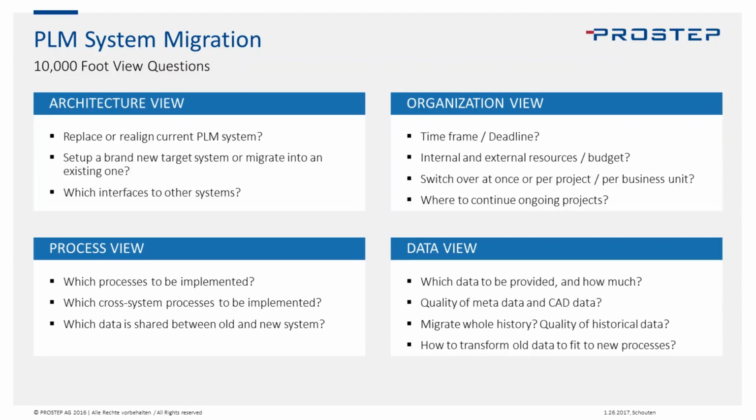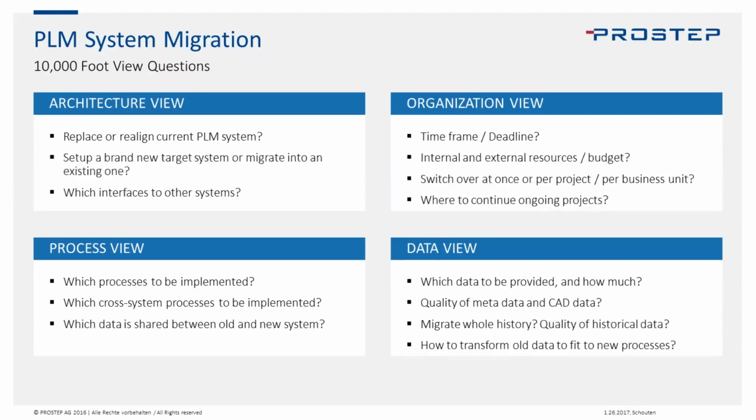Organizationally, what does your time frame look like, what are those hard deadlines that you need to meet for your business, what are the resources and budget planning that you might need to have, how you're going to transition your business, and what are you going to do in the meantime when you're in this migration phase, planning for that business to not see any disruption during that time period.